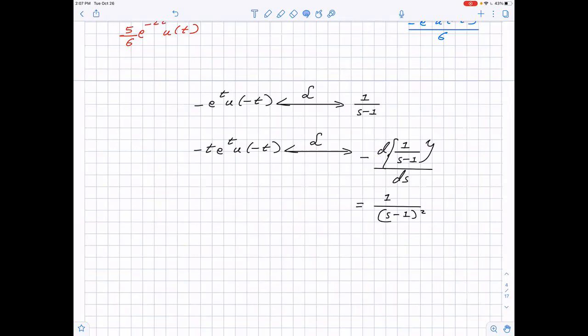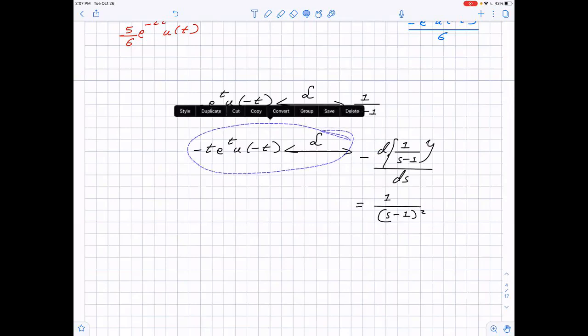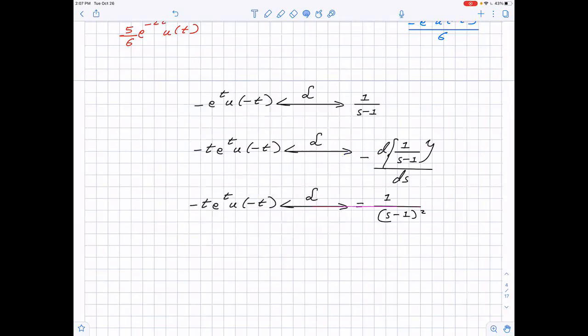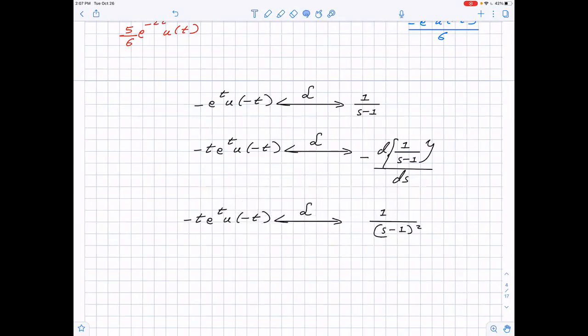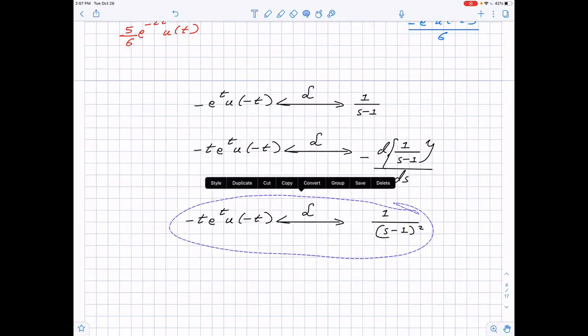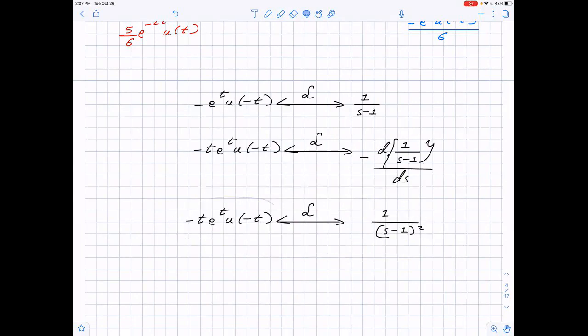So what we know is that the Laplace transform of negative t e to the t u of minus t is this. This is the expression that we need to use. The inverse of 1 over s minus 1 squared is this.